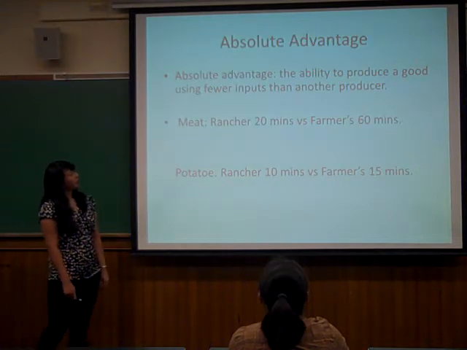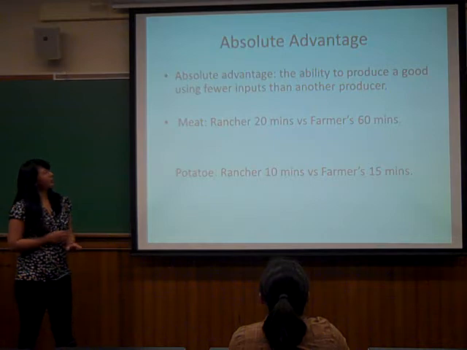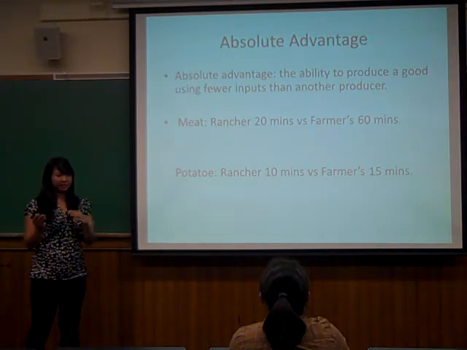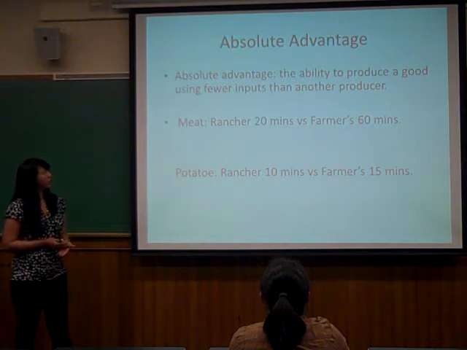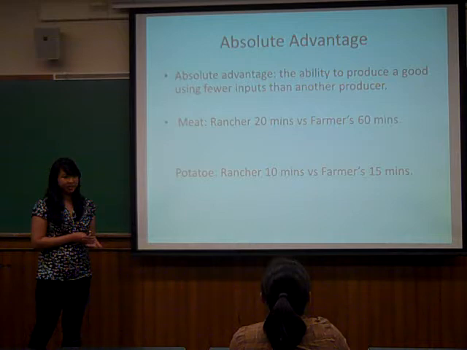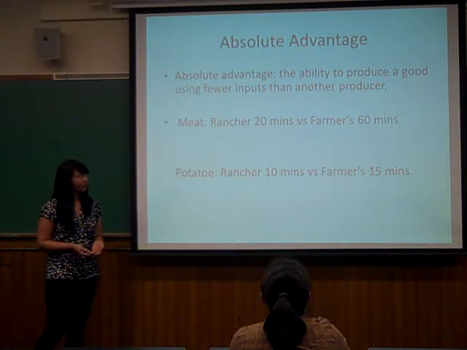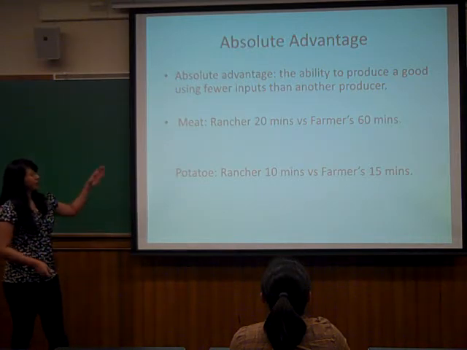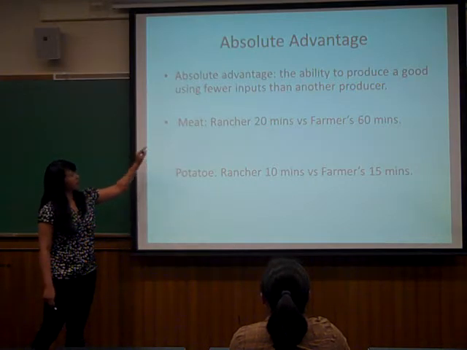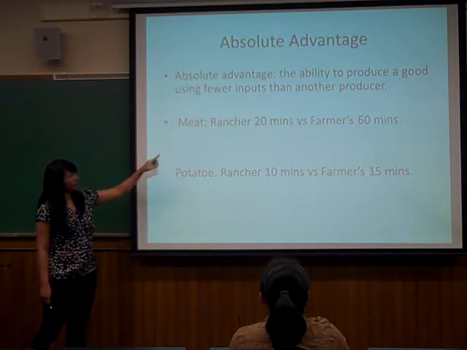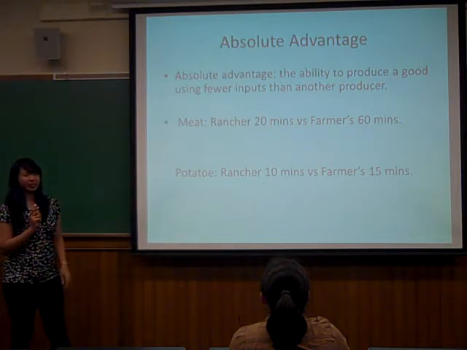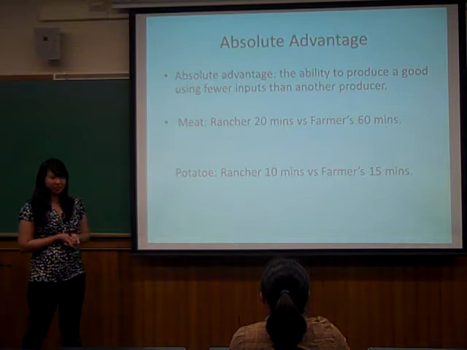If one producer can produce a good using fewer inputs than another producer, then we would say that producer has an absolute advantage in the production of that good. As we saw before, the rancher takes 20 minutes to produce 1 ounce of meat, while the farmer takes 60 minutes. Can you tell me who has the absolute advantage in meat?